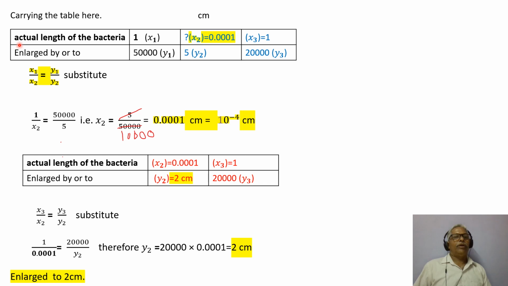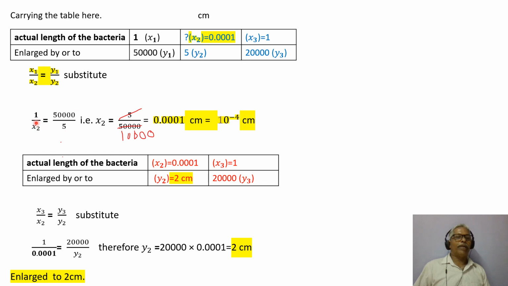Just see here, actual length of the bacteria and enlarged to. So here x1 is 1, then y1 is 50,000. This is centimeter, written here. So when this is 50,000, this y2 is 5, and we have to calculate x2. We have a formula x1 upon x2 equal to y1 upon y2. Substitute x1 is 1, x2 we have to calculate, y1 is 50,000 and y2 is 5.